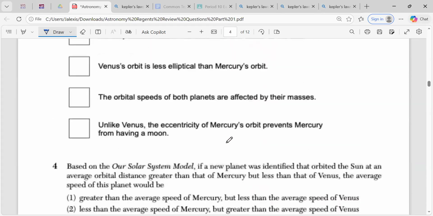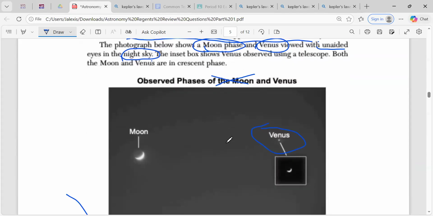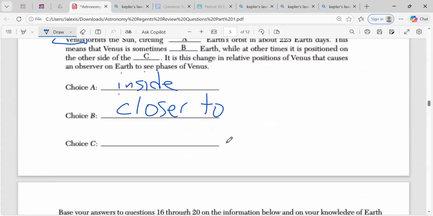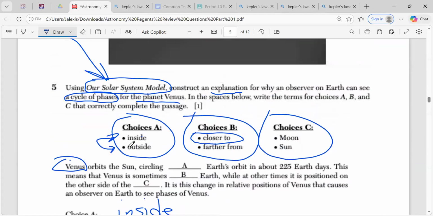That lets us know why there are times when we won't see the phases of Venus. So I'm going to write the sun. Choice C definitely helps us when we refer to what they tell us to observe, just our model.